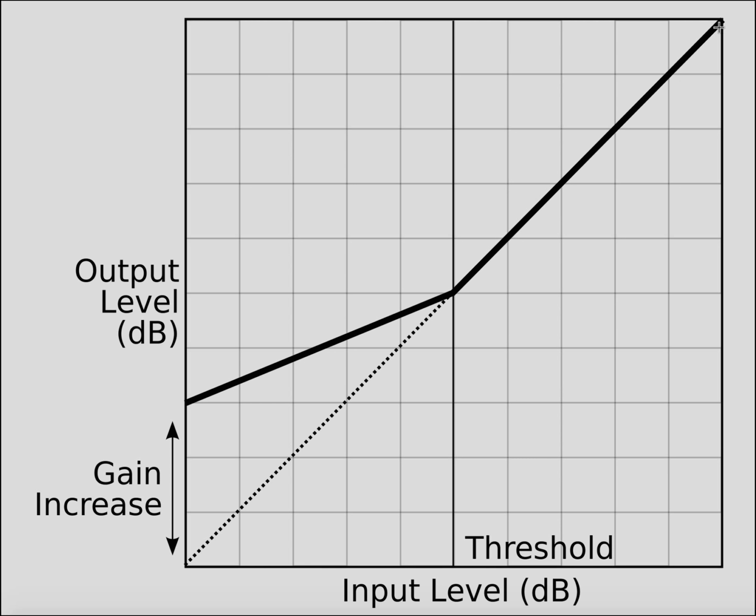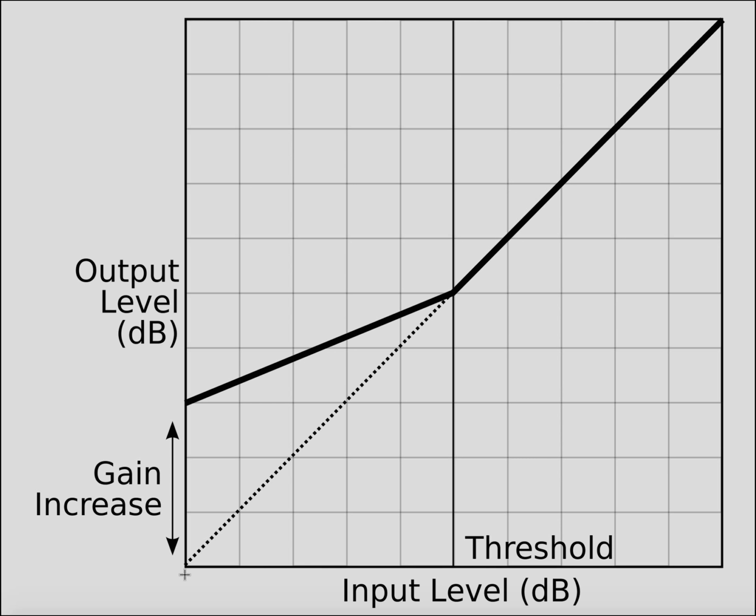And in this situation here, what is totally linear to the dotted line here represents no expansion at all, right? As the input decreases, so does the output decrease, and they decrease at basically the same rate all the way to zero, where there's no input and there's no output.